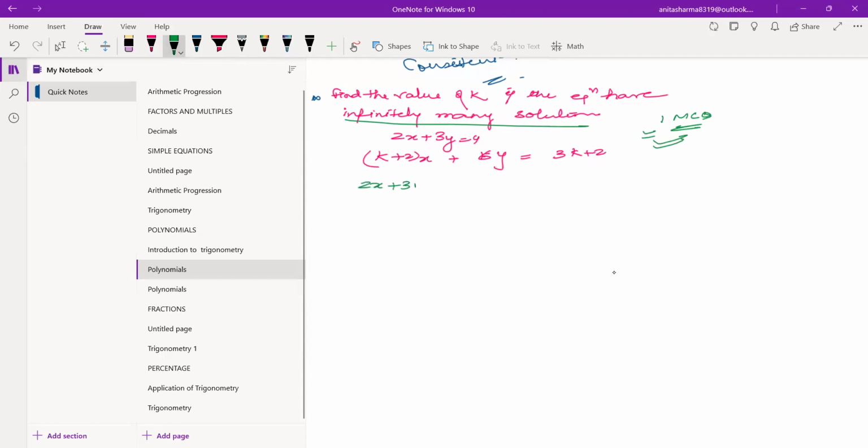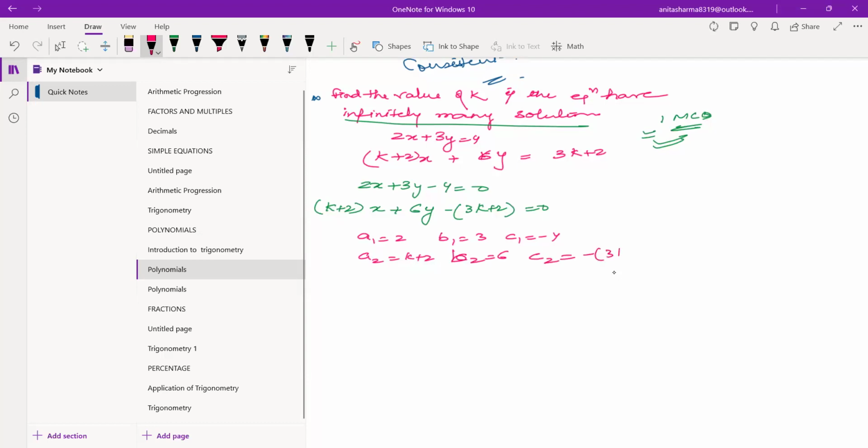See, in a shortcut, I am going to tell you: 2x plus 3y minus 4 you will write equal to 0. Then the second equation you will write k plus 2 into x plus 6y minus 3k plus 2 is equal to 0. Right? So now the values: a1 is 2, b1 is 3, c1 is minus 4. Then a2 will be k plus 2, b2 will be 6 and c2 will be minus 3k plus 2.